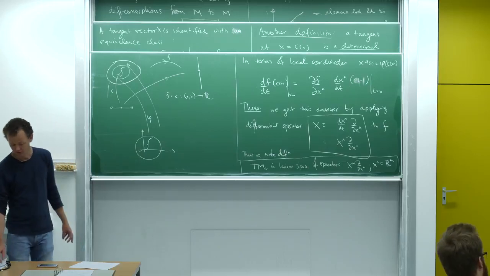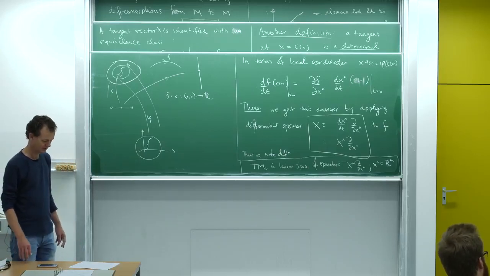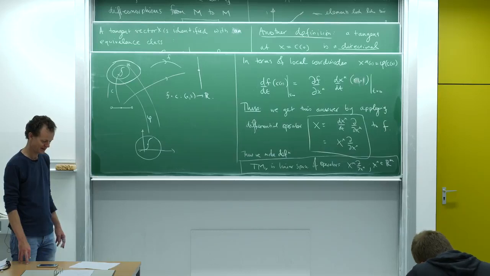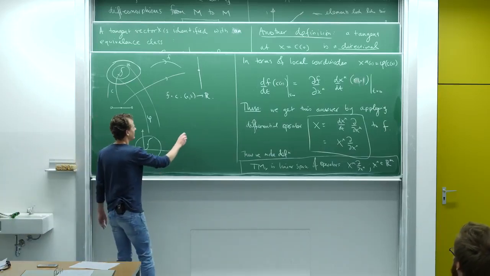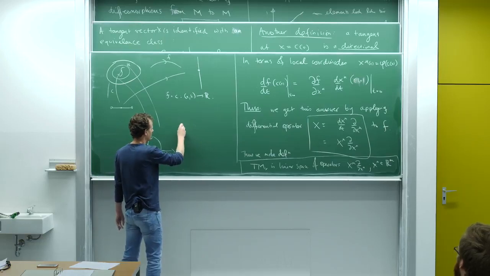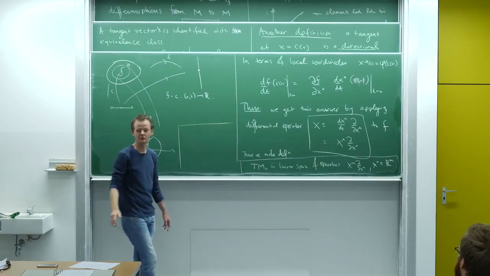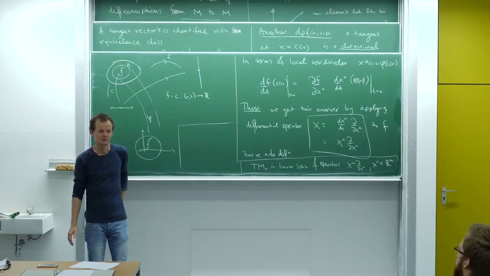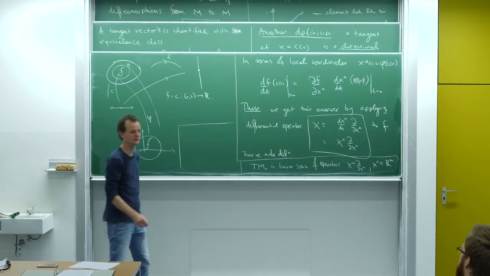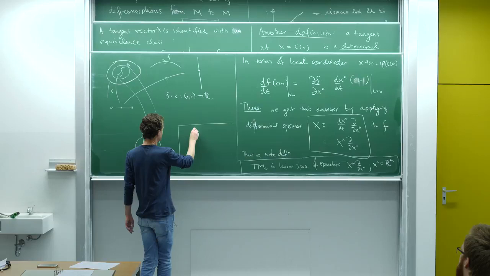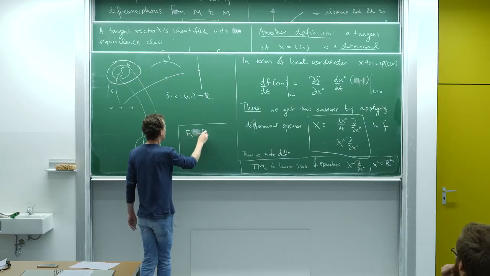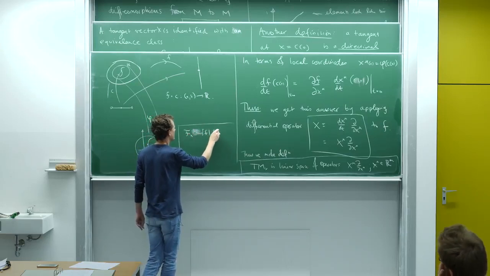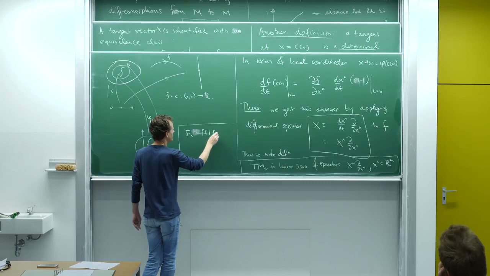There's yet another definition of tangent vectors that we could use in this course. I won't cover it, but I will mention it in case you are interested in algebraic geometry. This would be the one that you would use. You set up the set of functions that vanish at the point x in the manifold.